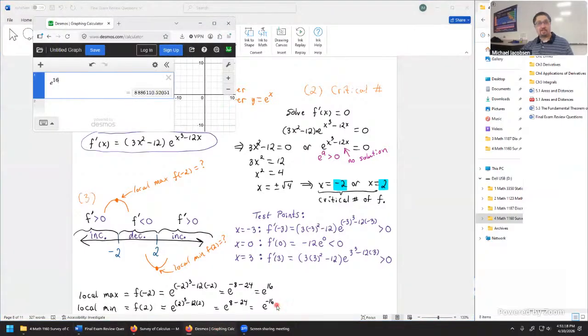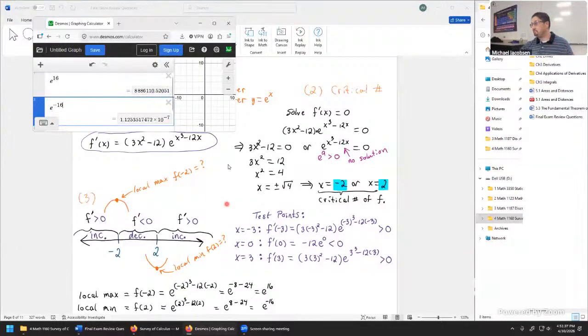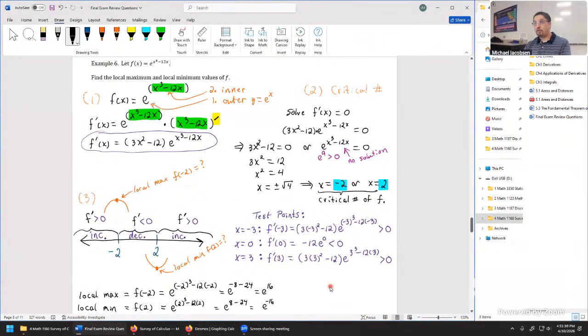And this one is minuscule, e to the power -16. Recall, no matter what, it's positive, but you have to use scientific notation to say how small it was. 1.12 times 10 to the power -7 in terms of order of magnitude. Pretty close to 0. But we did it, folks. That's the optimization on this one for local maximum, local minimum.